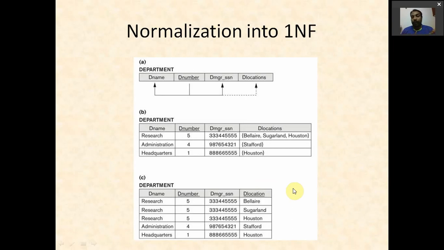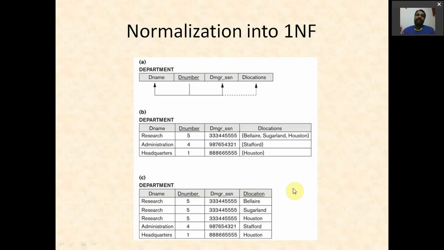In the informal guidelines, we have already mentioned that tuples should have minimal null values. Or if we say that the department will be located at a maximum of 5 different places, then we can have D location 1, D location 2, D location 3, D location 4, and D location 5. So we can include 5 separate columns.